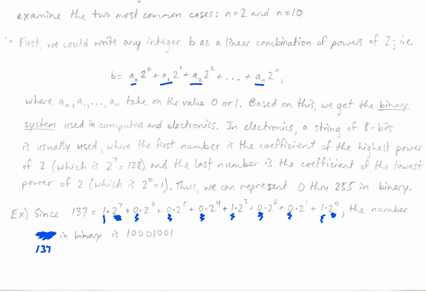There are plenty of resources out there online to look at how to determine the binary representation of a number between 0 and 255. So I'll let you look that up on your own. Now, what about letters or capital letters or other characters or symbols?